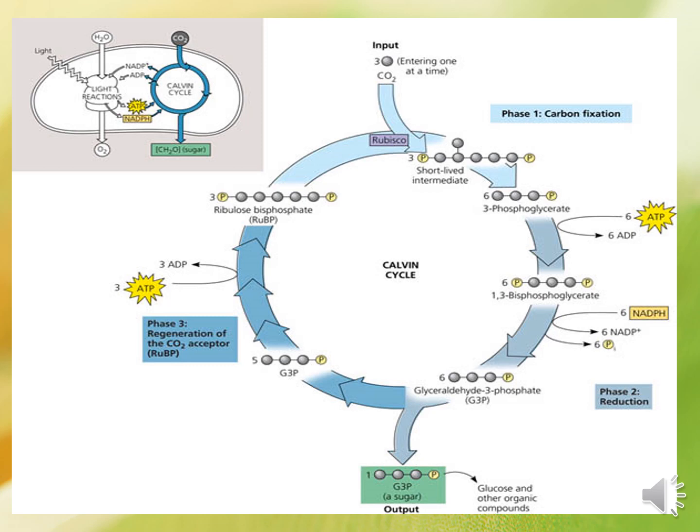That is the RuBP. In this process, you can see 3 CO2. 3 CO2 are needed to begin the Calvin cycle. That CO2 binds to the RuBP, by the Rubisco, and forms an intermediate 6 carbon compound.